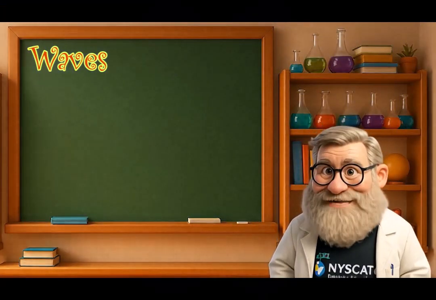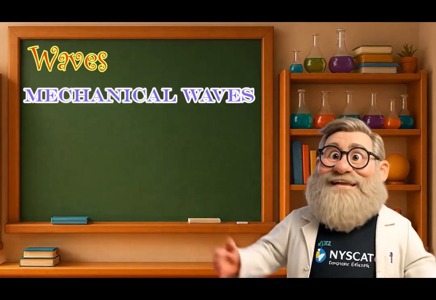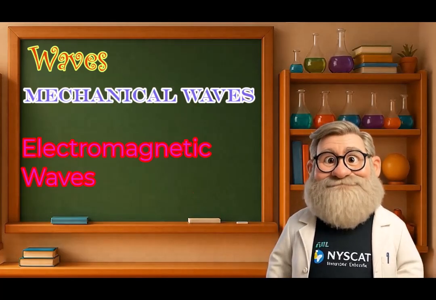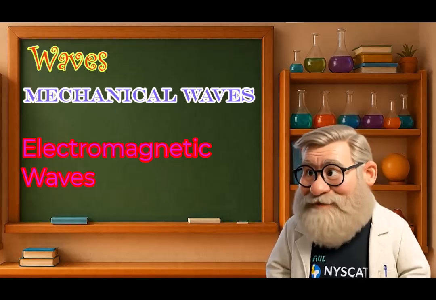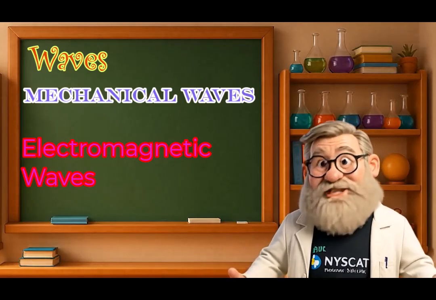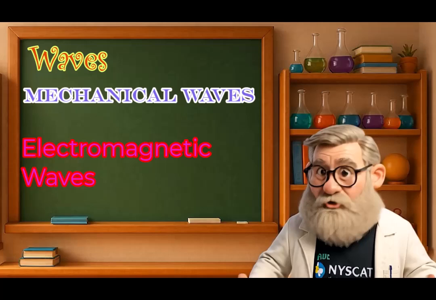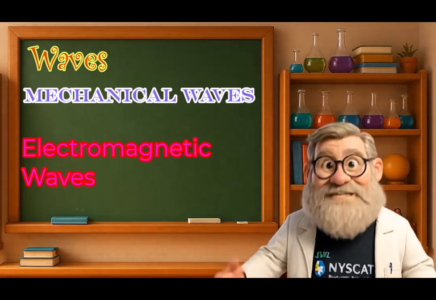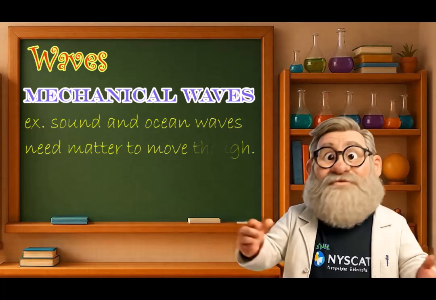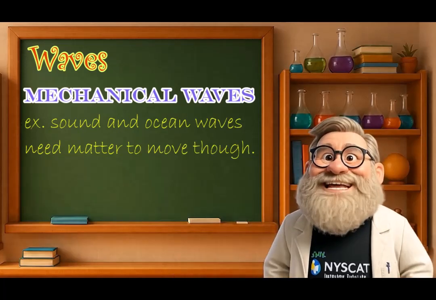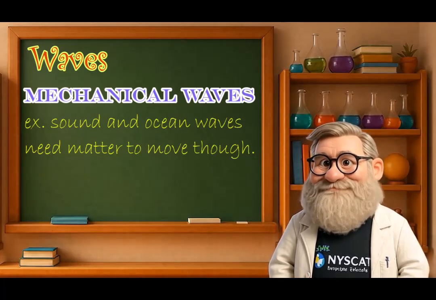Waves come in two major types, mechanical waves and electromagnetic waves. The key difference between them is whether or not they need a medium, that is, a substance like air, water, or solid material that they need to travel through. Mechanical waves, like sound or ocean waves, need matter to move.